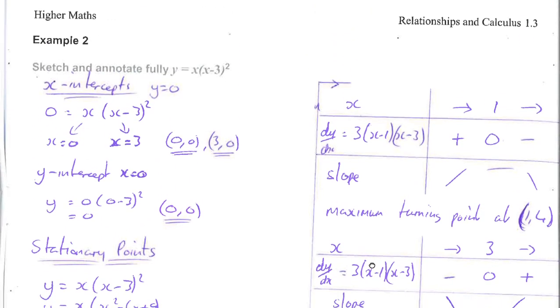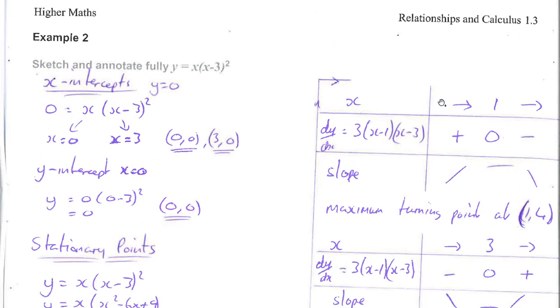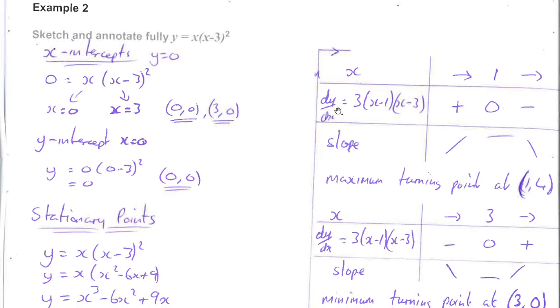And then let's have a look at the nature tables. So we've got something happening at 1 and 3. So again, use dy dx in its factorized form. Pick a number before 1, which is 0. So we've got 3 multiplied by a negative multiplied by a negative, which will be positive. Check where my next stationary point is. Next stationary point's at 3. So I can pick 2 to substitute in here.